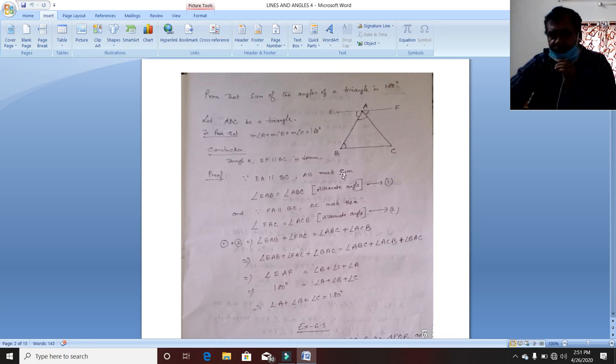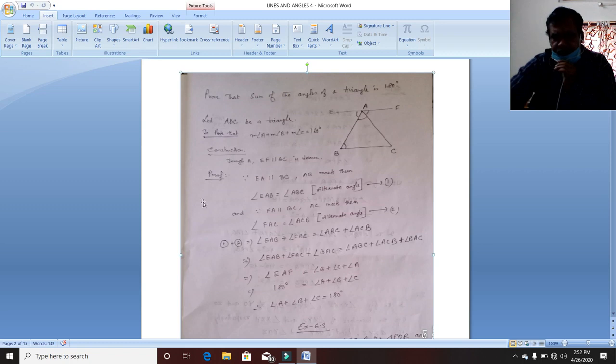Now I will prove it geometrically. Let ABC be a triangle, to prove that angle A plus angle B plus angle C equals 180 degrees. For the construction, through point A, EF is drawn parallel to BC.